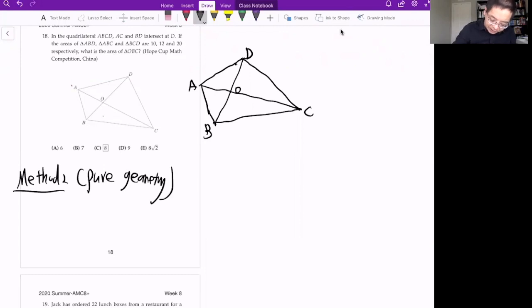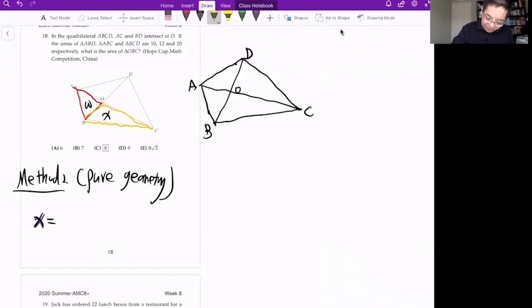For convenience, I still put x and w to represent the areas of triangles BOC and AOB. Now let's see how we calculate x. We notice these two triangles, AOB and BOC, right? We see they share a common side, BO.